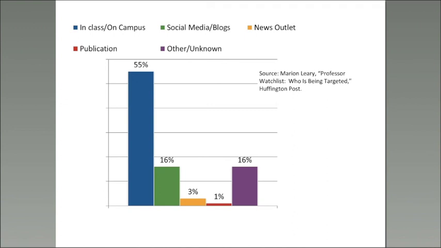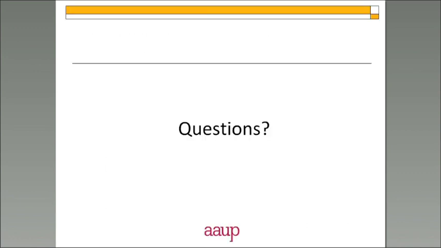Barely more than half of the reports actually occur in class or on campus, and a full 16% are specifically social media and blogs, with another 16% where you couldn't tell from the report where the utterance occurred, and only 1% actually being directly about research. It is noticeable here that extramural utterance in particular of faculty seems to be one of the targets, and it is clearly at odds with claims about what the professor watch list purports to do.